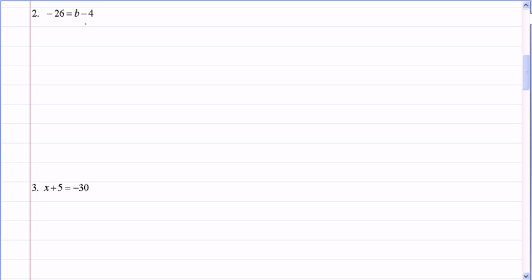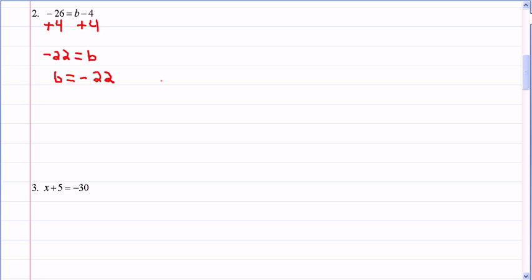Since 4 is being subtracted, we now add the 4 because we're moving it over to the left side of the equation, and we take negative 26 plus 4. Negative 26 plus 4 is equal to negative 22. So the answer is negative 22 equals b, which we can reverse as b equals negative 22.